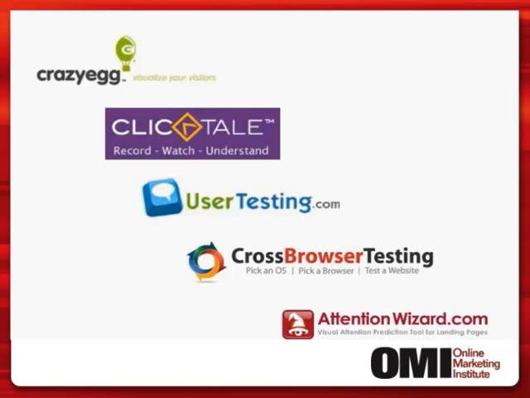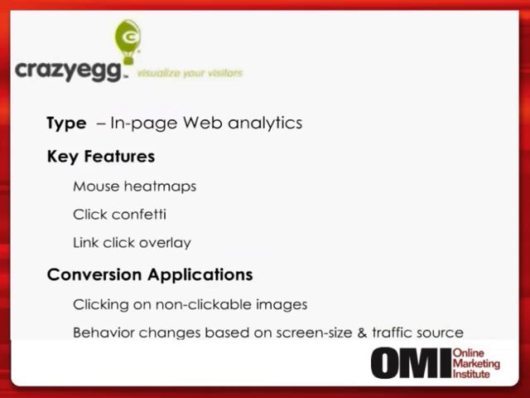I'm going to talk about the following 5 tools: CrazyEgg, ClickTail, User Testing, CrossBrowser Testing, and AttentionWizard. Now, these are all coming at the notion of having problems with your landing page from slightly different angles, but you should probably be using most or all of these as you try to figure out what's wrong with your site, what to fix, and what to test further.